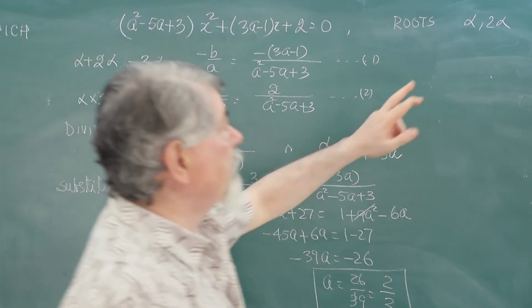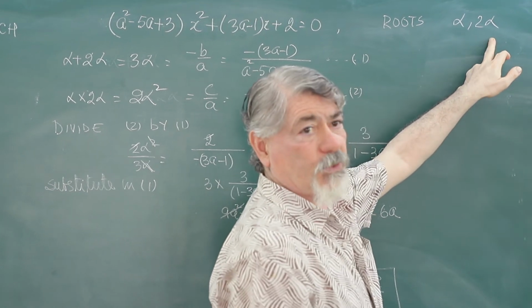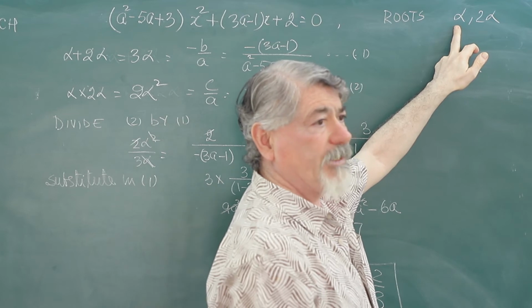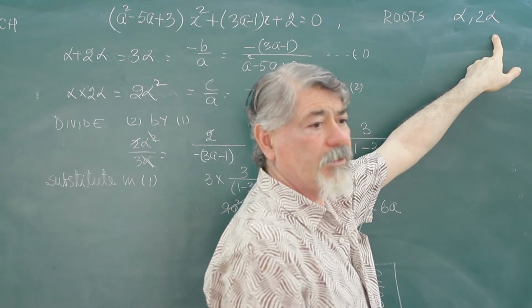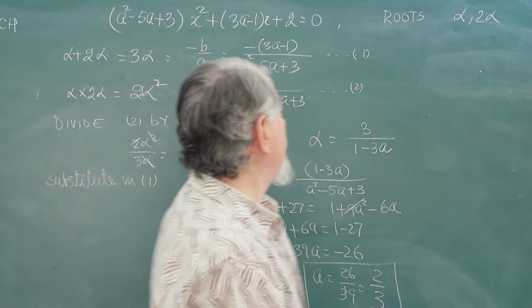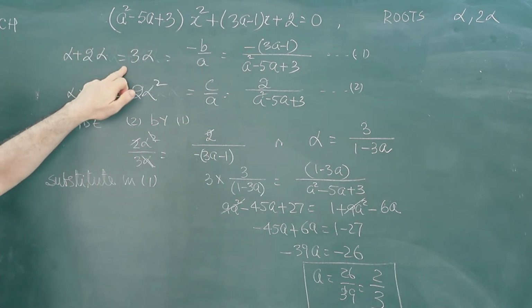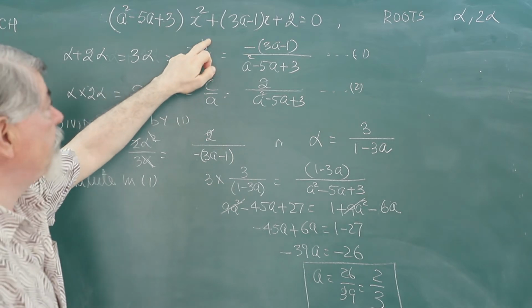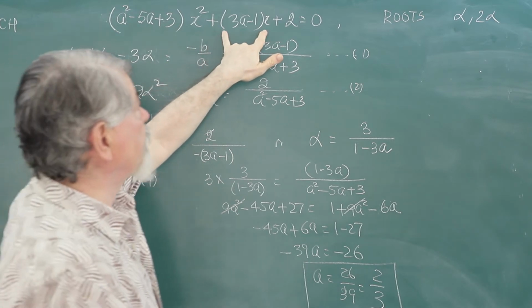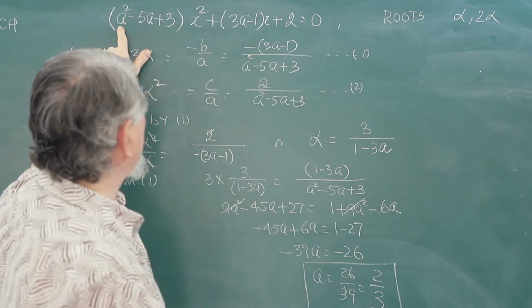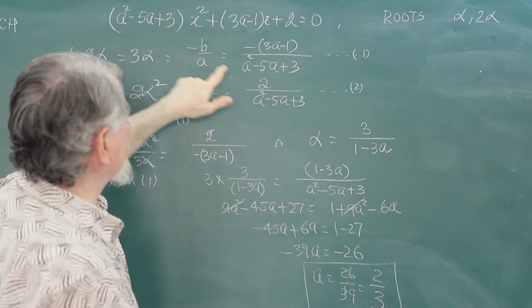So if one root is alpha, the other is twice as large, that means 2 alpha. So I assume one root to be alpha, the other root to be twice as large, 2 alpha. Now the sum of the roots, alpha plus 2 alpha obviously will be 3 alpha, will be minus b upon a, where b is the coefficient of x, which is minus 3a minus 1 upon a square minus 5a plus 3.